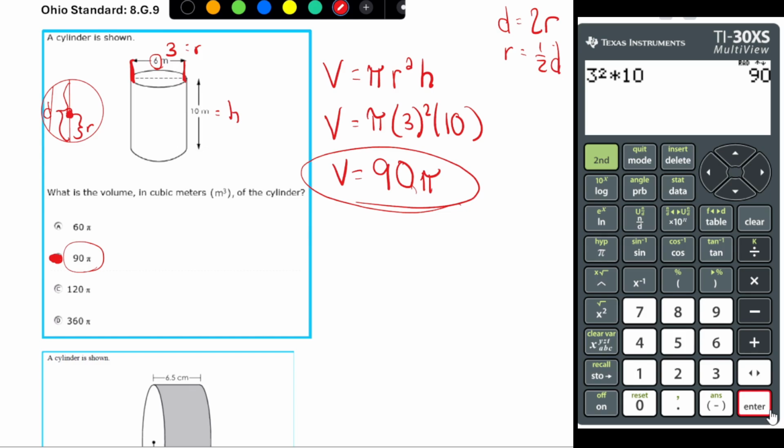And if I needed to go further, I would just do 90 pi. 90 pi is about 282.74, but we stop at 90 pi because the choice says to stop at 90 pi.